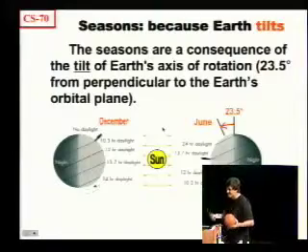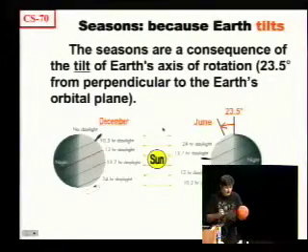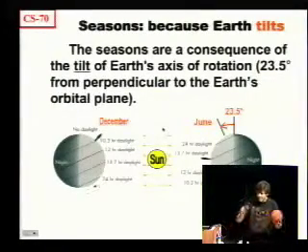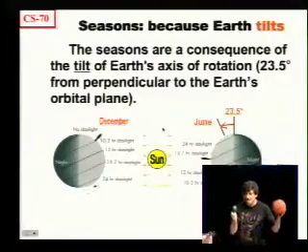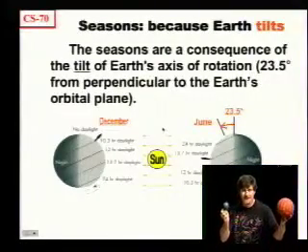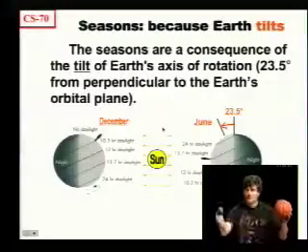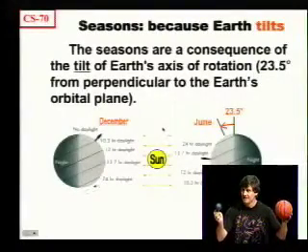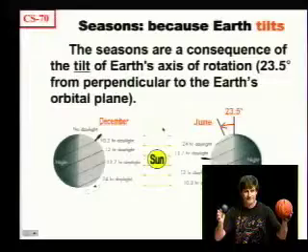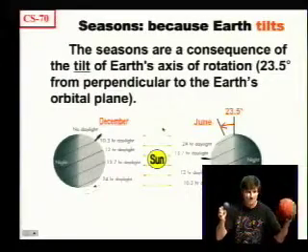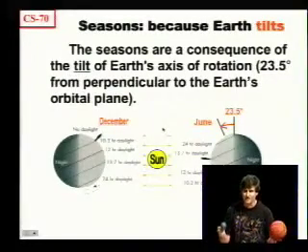The seasons are due to the fact that Earth's axis of rotation is not exactly perpendicular to its orbital plane around the sun. Rather, it's tilted by about 23.5 degrees. And that tilt, over short time scales, the time scale of our human lives, is constant.